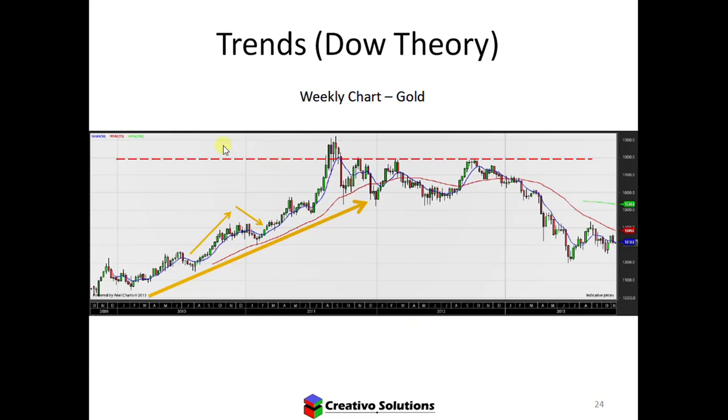Then at some point you reach that level of resistance, where prices have gone up so much that at some point it becomes difficult to break through that level of resistance. And we're going to be highlighting that this could be a potential selling opportunity. If we had to sell, we would want to sell when prices are at their highest, and then assume or hope that these prices will decrease over a period of time.